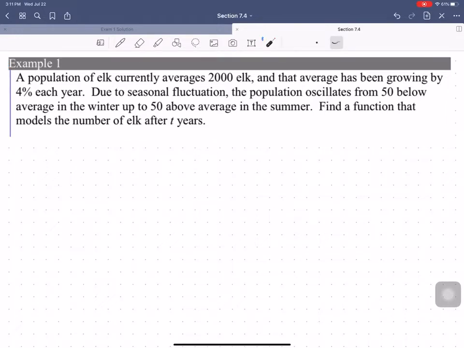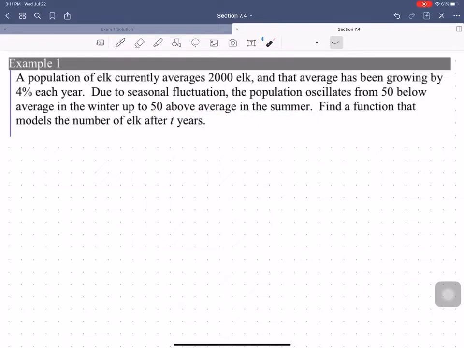But we can look back in past records and see that that average has been growing by 4% per year. And due to seasonal fluctuations, the population oscillates from 50 below that average to 50 above that average. In other words, we lose 50 older animals, but we gain 50 babies.